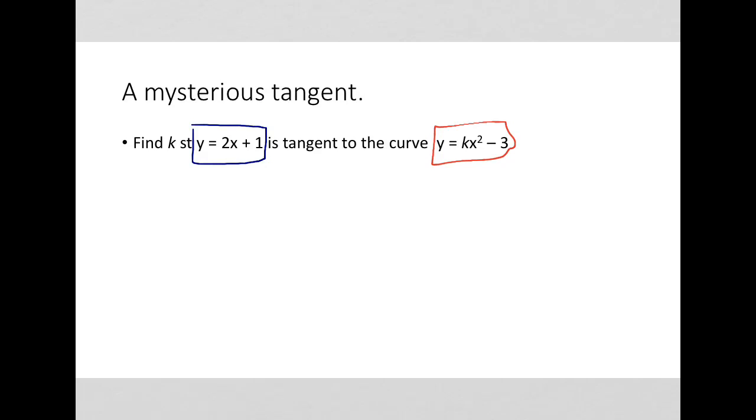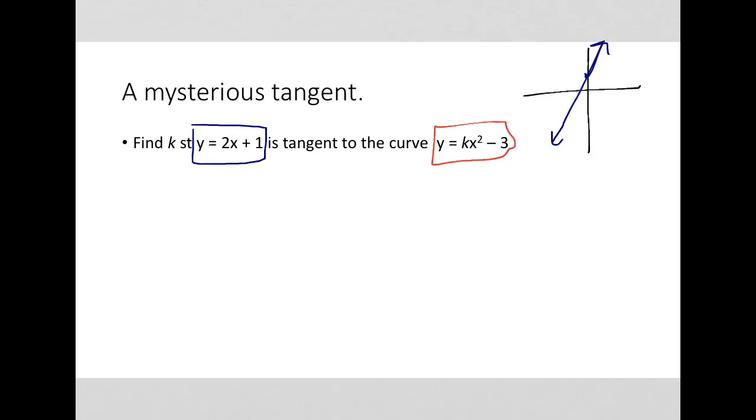So I want you to think about this situation in general first. We've got the tangent line 2x plus 1, which is going to look something like that. And we have some red function, which is kx squared minus 3. Now, I don't care what k is.